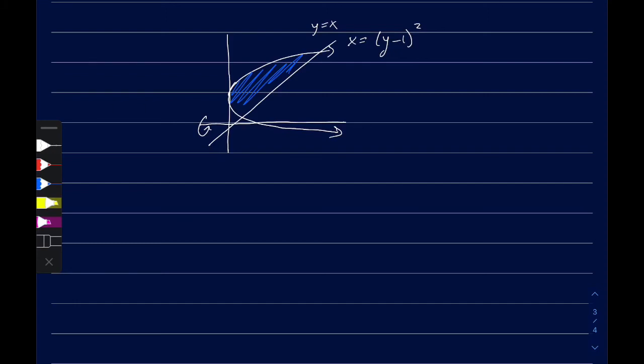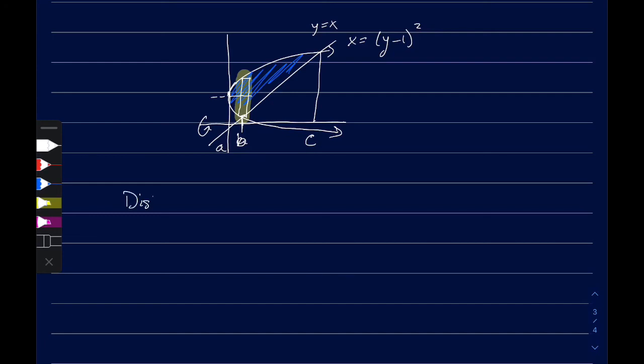If we were to use the disk method, we would come into a problem right here. We would have the same function on top and bottom. So we would have to split the function at this point. Let's say this intersection point is B, and we'll call the left endpoint A, and we'll call the final point C.